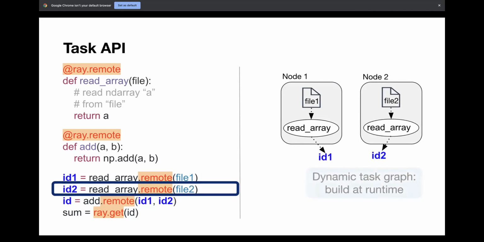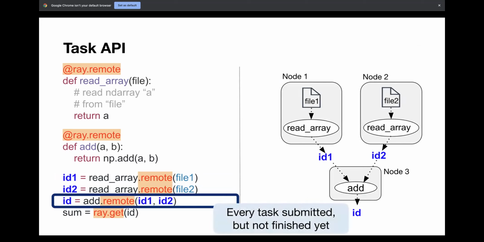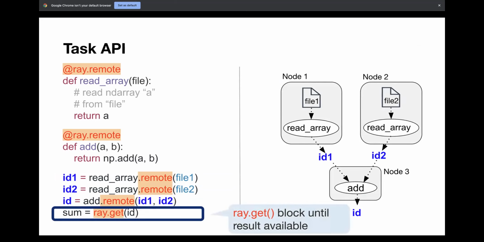And then secondly, we trigger the computation for ID two, and we start constructing this dynamic task graph. We build a task graph at runtime, and the only time we actually trigger this computation is at this blocking call called ray.get. So by doing that, you can launch arbitrary number of tasks, actors, in parallel on the cluster to fully utilize the compute resources.